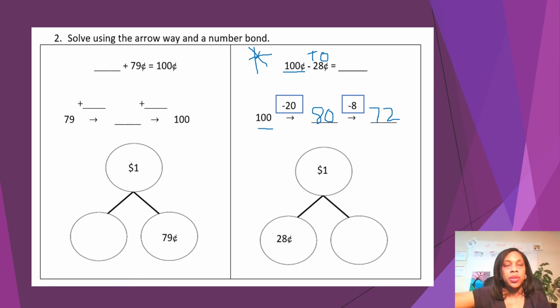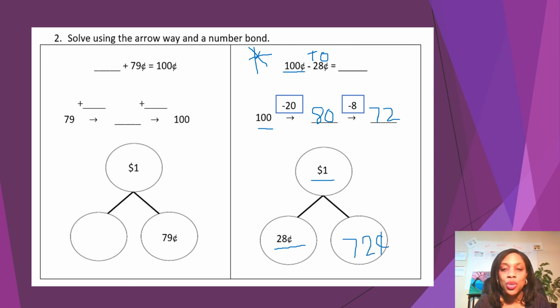If I go backwards, 79, 78, 77, 76, 75, 74, 73, 72. So $1 was my whole. I've taken away 28 cents, which leaves me with 72 cents. So 72 is my answer.